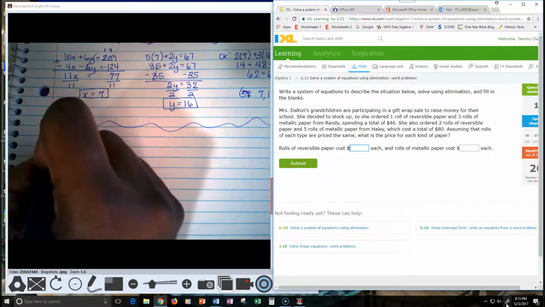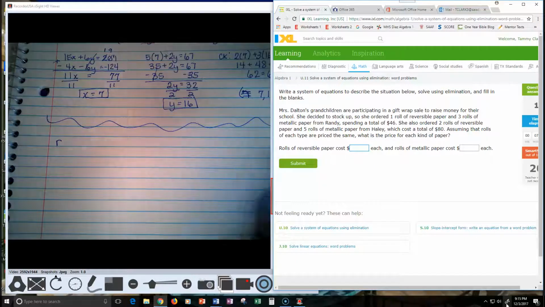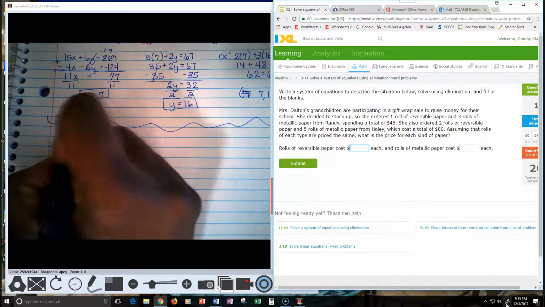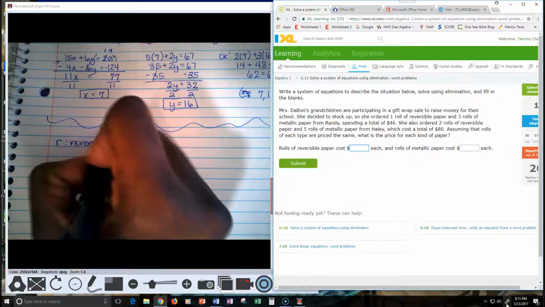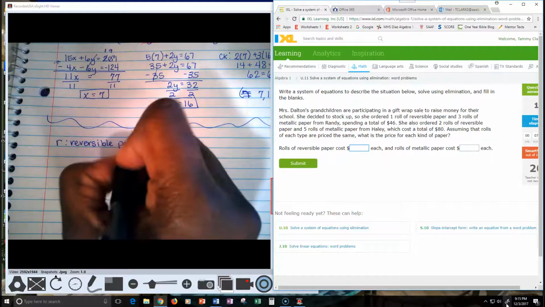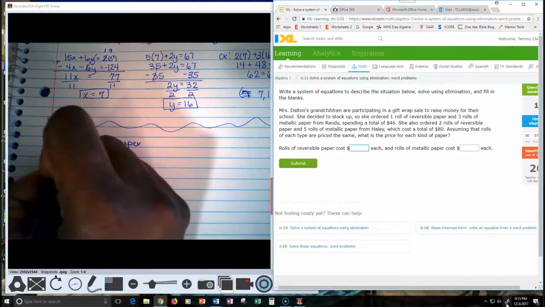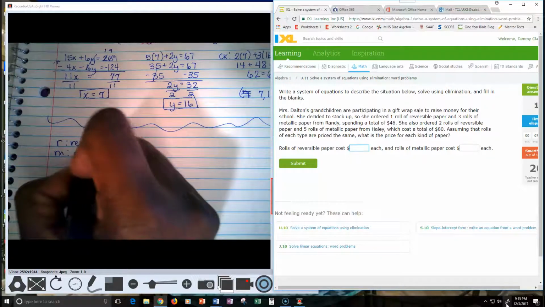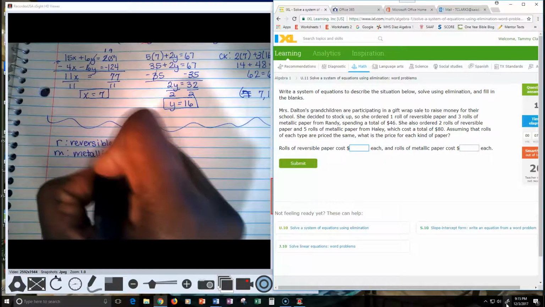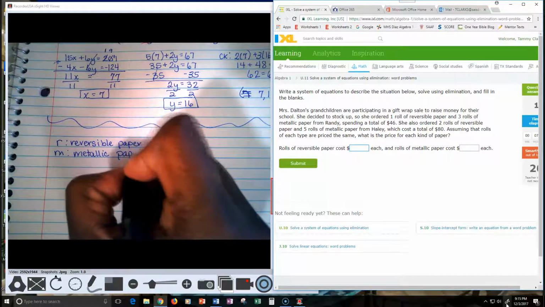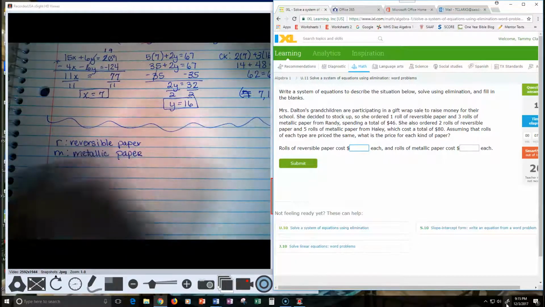I know I have reversible paper, so I'm going to let R be reversible paper. And I'm going to let M be the metallic paper. All right, let's go ahead and write our equations.